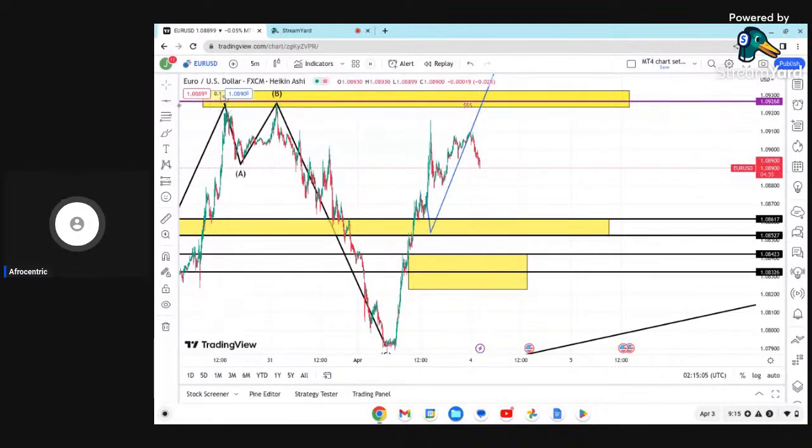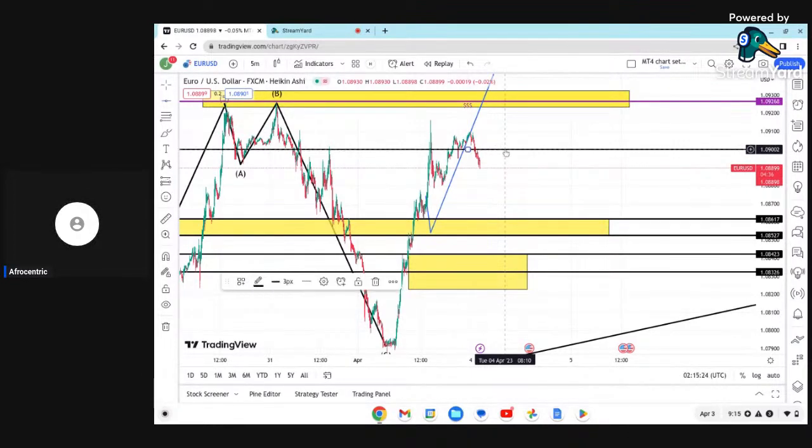A good price point for an order, if you want to enter an order, is 1.090. So pretty much right here, at 9000. So the top of here, right here, that's good.